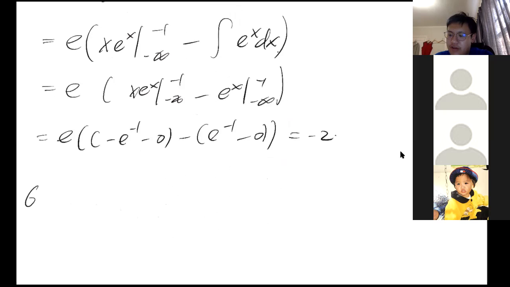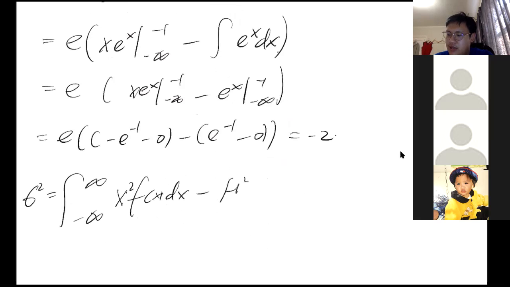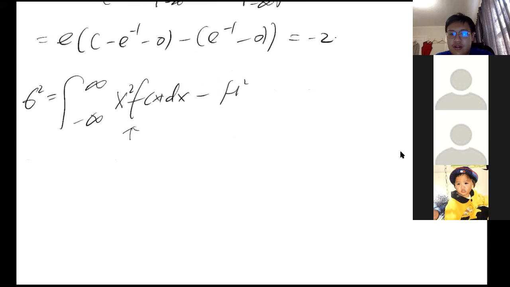And then we want to calculate the variance. To calculate the variance, we need to find the integral from negative infinity to positive infinity of x squared f(x) dx minus mu squared. So we need to handle this integration. You can do that by integration by parts. So let's first write out the integral.